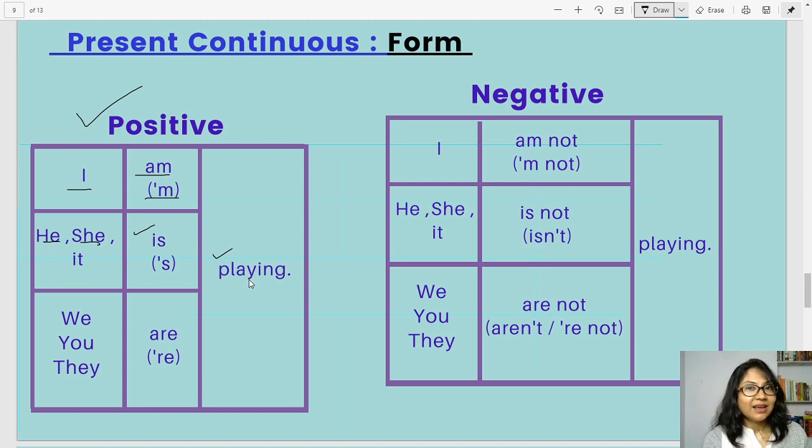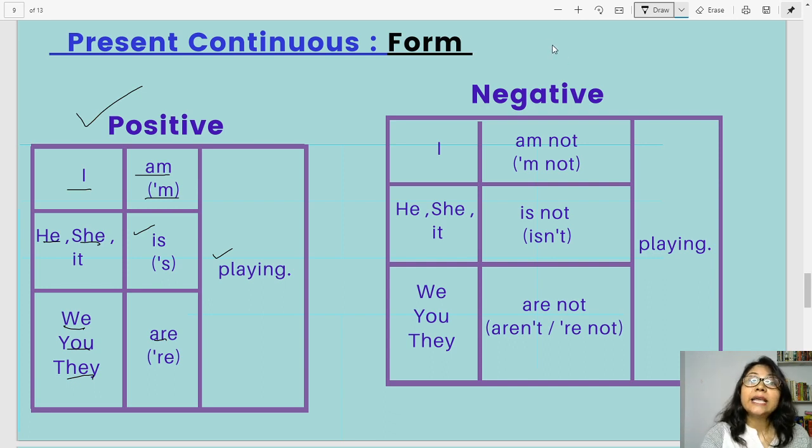Okay. Understood? Good. Remember, generally we use it for an animal or a baby. So if a dog is playing, I can say it's playing, meaning it is playing. Now, we are playing, you are playing, they are playing, or simply we're playing, you're playing, they're playing.